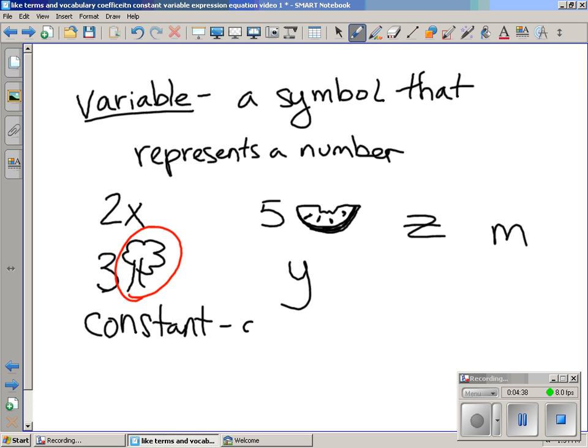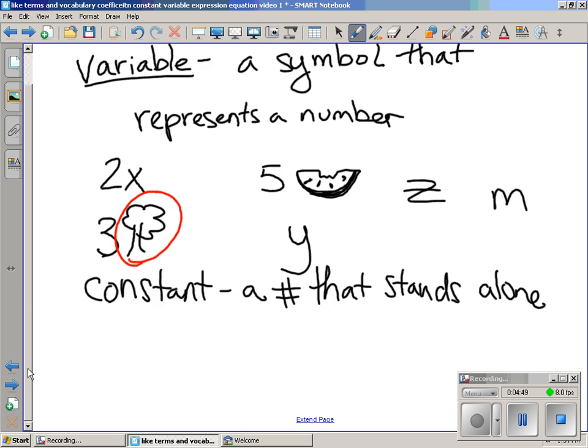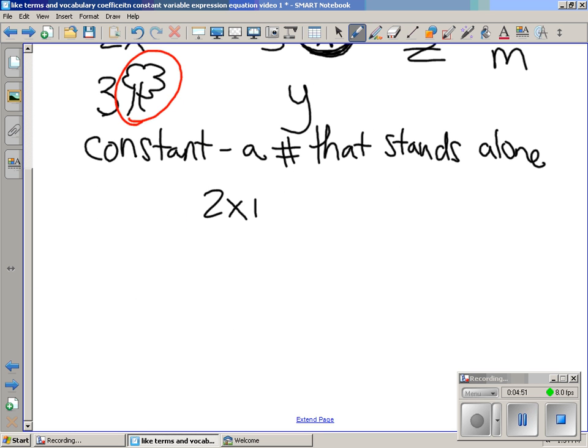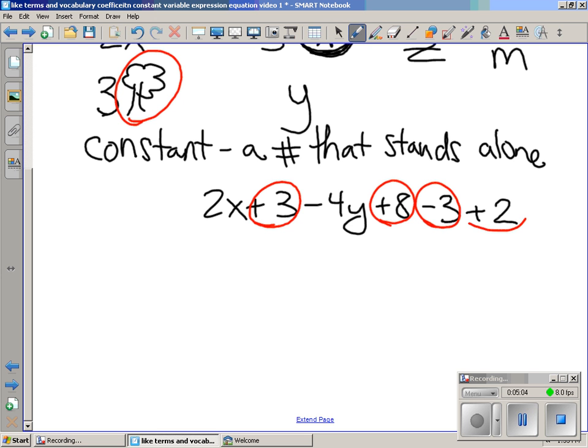And a constant is a number that stands alone. So for example, the constants in this example would be 3, 8, -3, and 2 because they don't have a variable that they're being multiplied by. They stand alone.